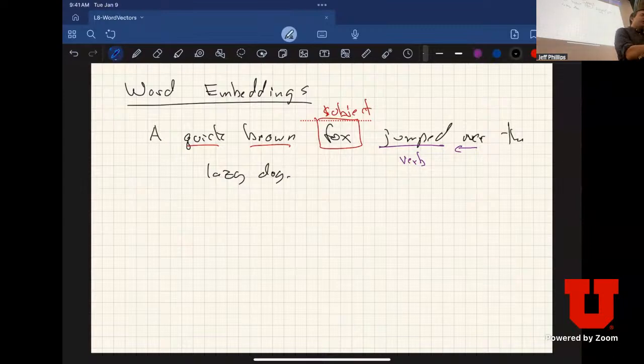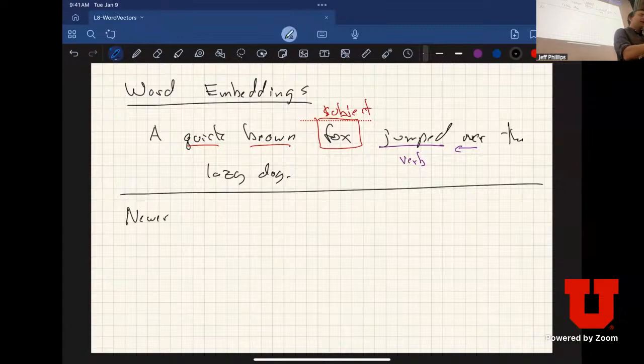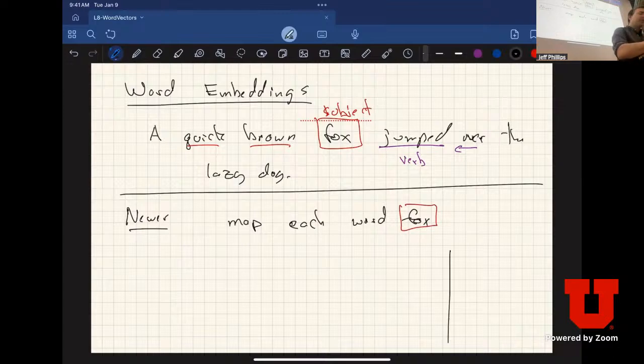So this newer approach said, I want to map each word, let's say the word fox, into a vector in some high-dimensional space.